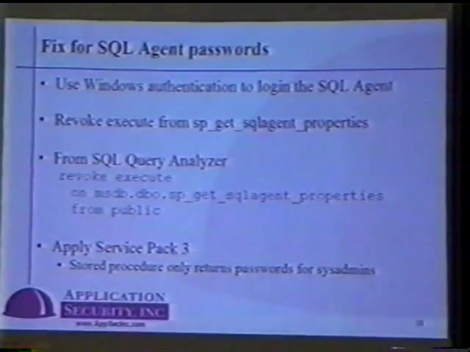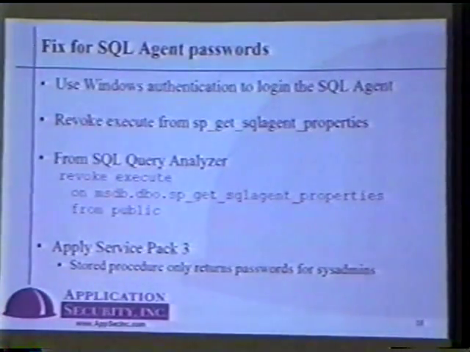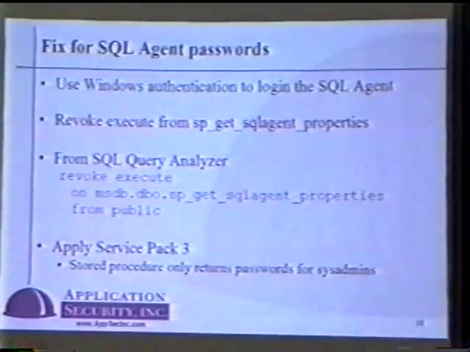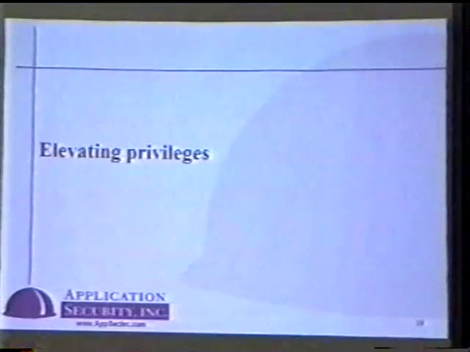Revoke execute from that SP, get SQL Agent properties. That's the line to remove it. And apply Service Pack 3. In Service Pack 3, this stored procedure won't return that field with the password for you unless you're a sysadmin. Okay, let's see now some other ways to elevate privileges.